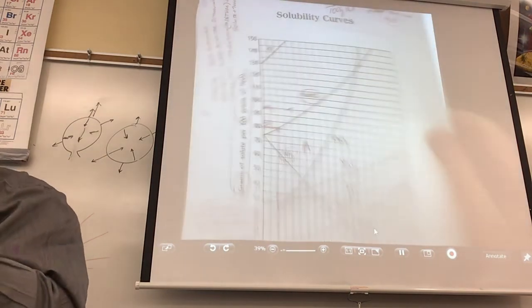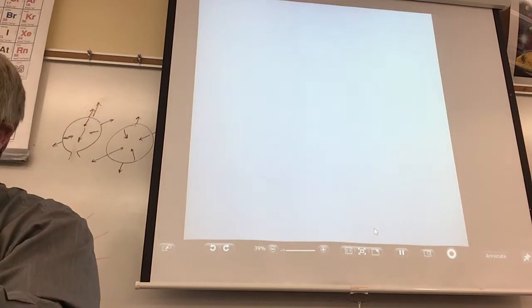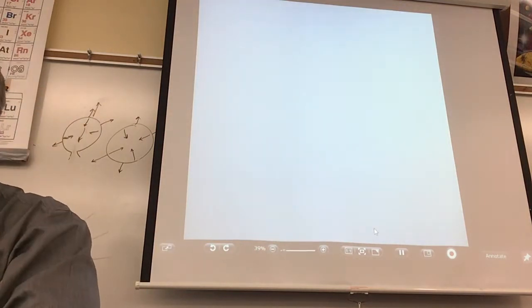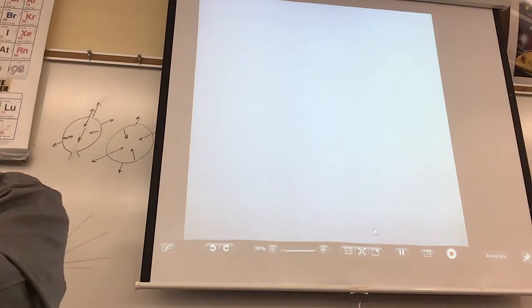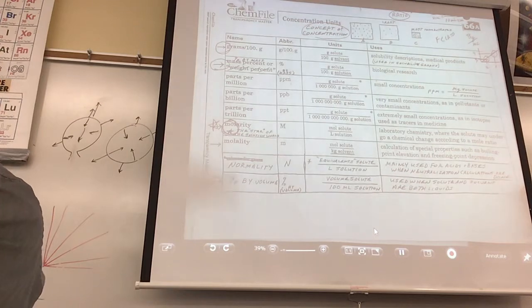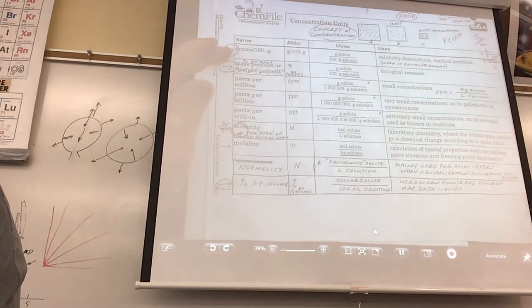Now, a long time ago, I told you one of the bad news about solutions is that how many ways can you describe the concentration of a solution? That's the bad news. There are a whole bunch of them. You got that? The good news for you, I'm going to talk about one of them with this chart.